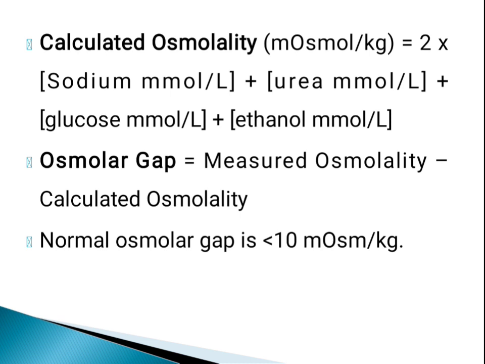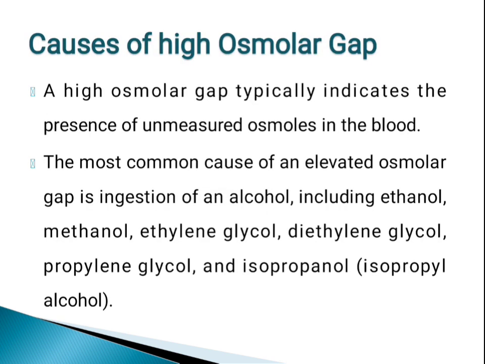Actually, there are different types of alcohol, like ethanol, methanol, ethylene glycol, diethylene glycol, etc. This alcohol poisoning we can easily detect by finding out the osmolar gap.